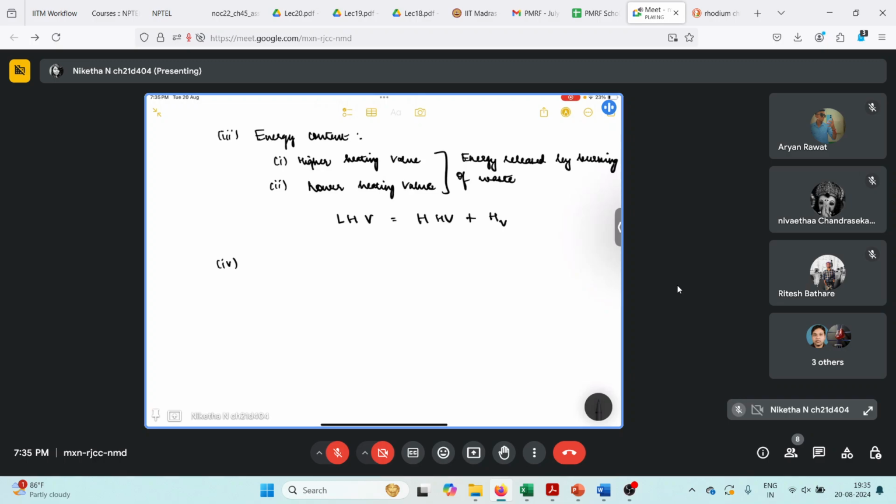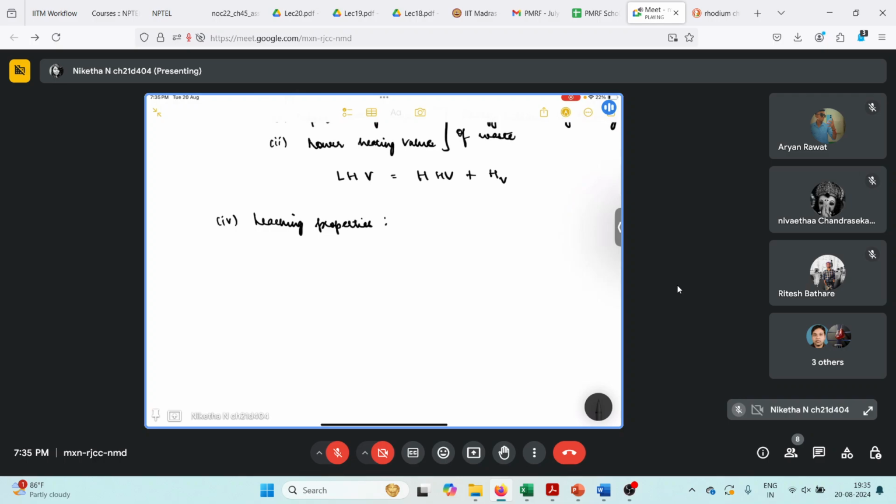And then we will find out the leaching properties. Leaching properties are important because previously I said leachate will be created when the waste undergoes some kind of degradation.